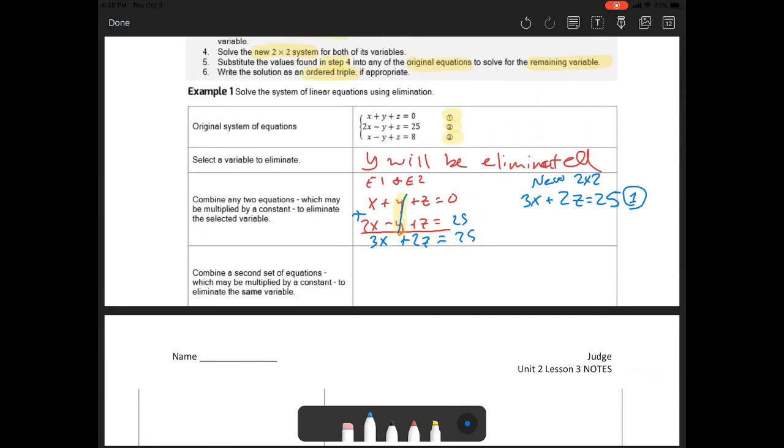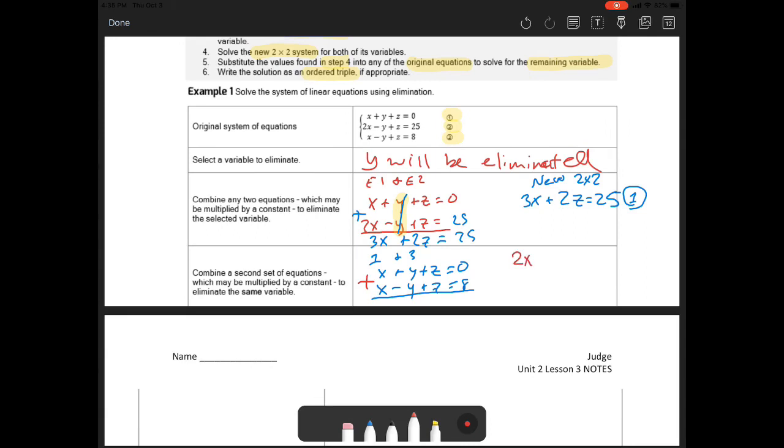So now I'm going to combine a second set of equations. So I am going to be doing that right here. And I'm going to do equation 1 and equation 3. The reason for that, guys, is they're still opposite, so it makes it an easy transition. So that's going to be x plus y plus z equals 0. And then x minus y plus z equals 8. So I'm going to do the same thing.